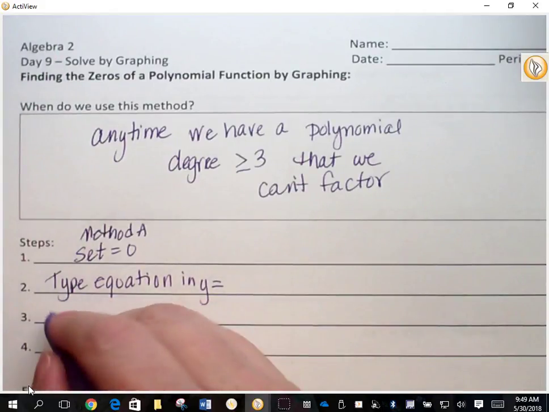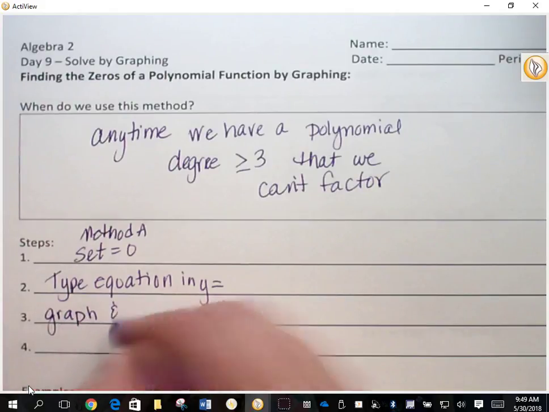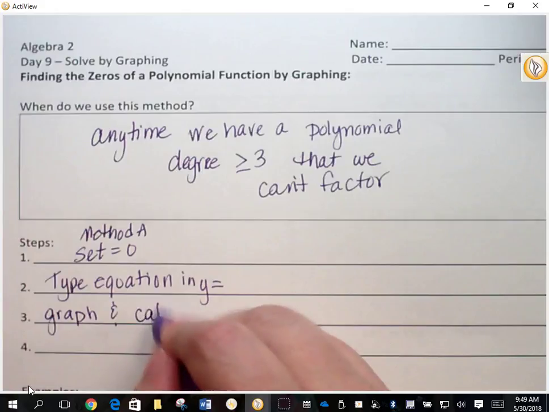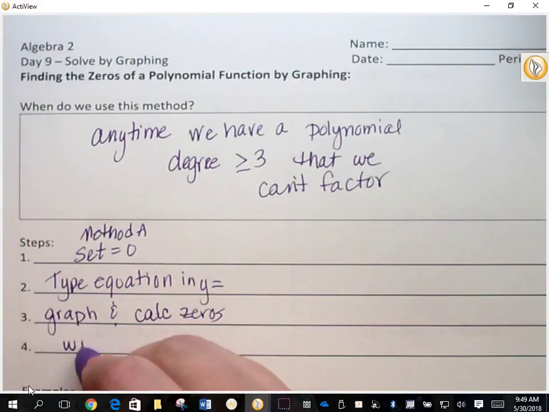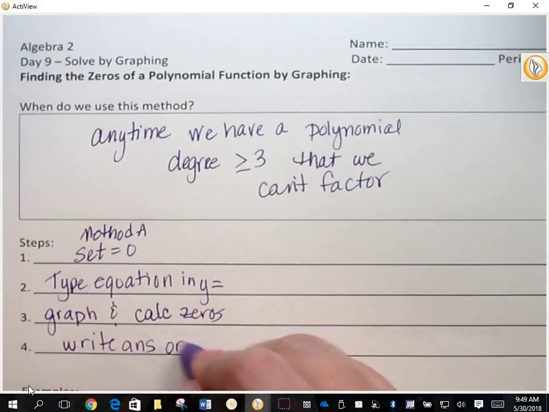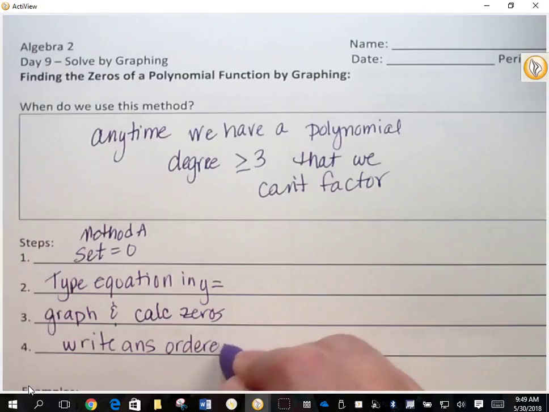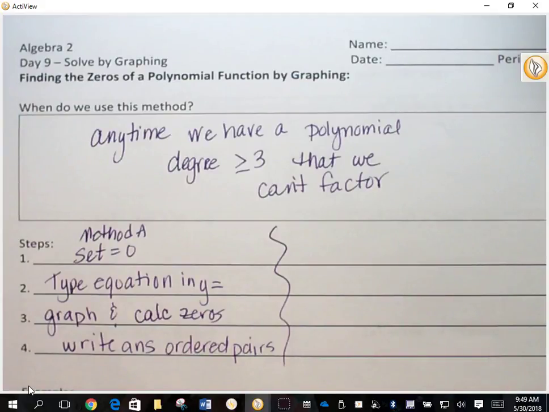We graph it and find the zeros. And we write our answers as ordered pairs. That's if you want to choose the first method.